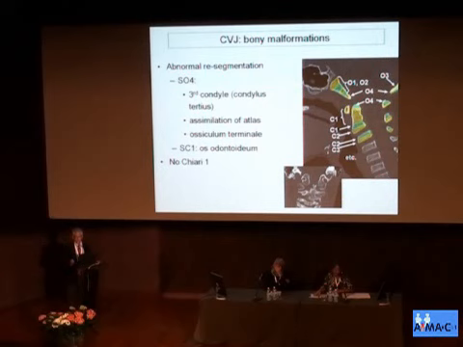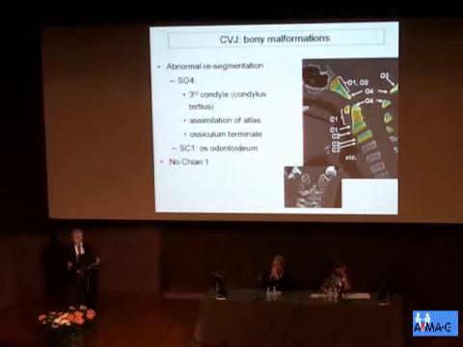The other malformations are much simpler. It is when the segmentation is abnormal. If it affects the fourth occipital condyle, then if there is a division too high, you have what is called the condylus tertius, the third occipital condyle. If, on the opposite, the proatlas remains fused, then you have the so-called assimilation of the atlas.